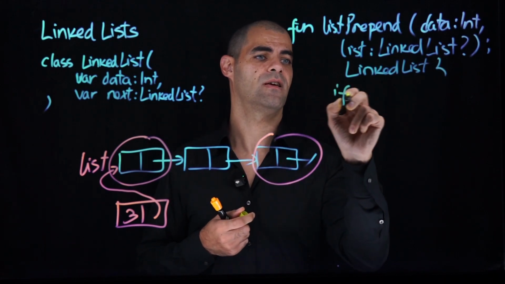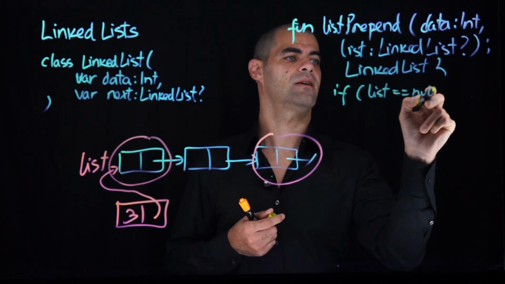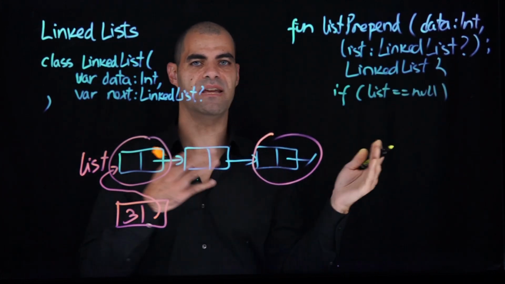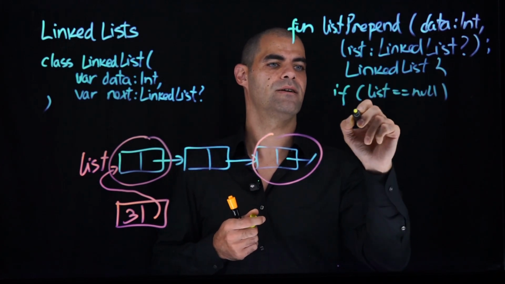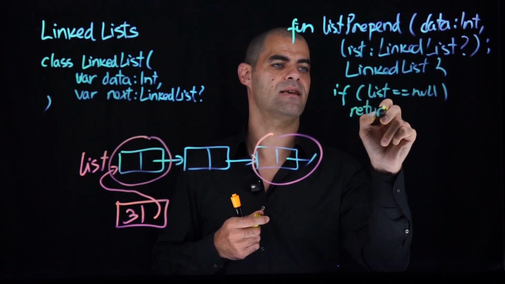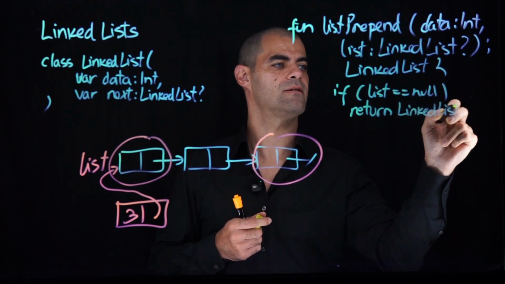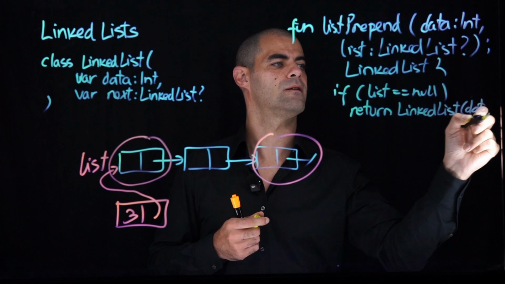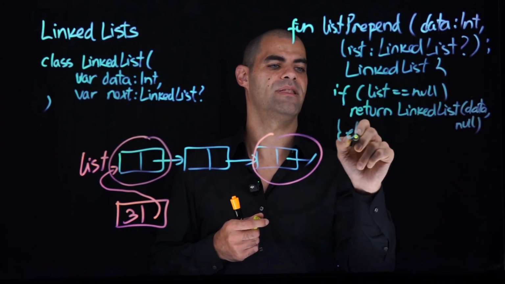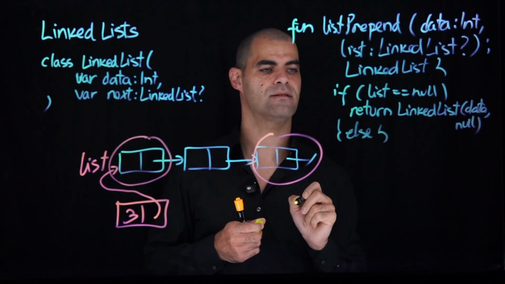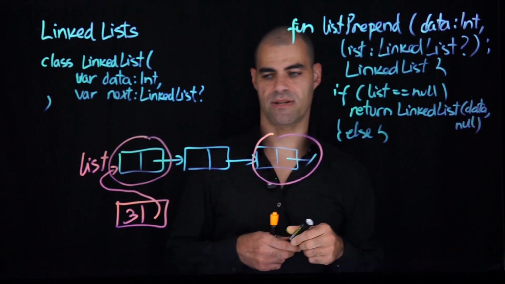So if list is null, then adding at the beginning or at the end is the same, because the list is empty. It will be just a list with one element. So this will be exactly the same as what we had before: linked list with our data and null. But then this is the case where we are interested.